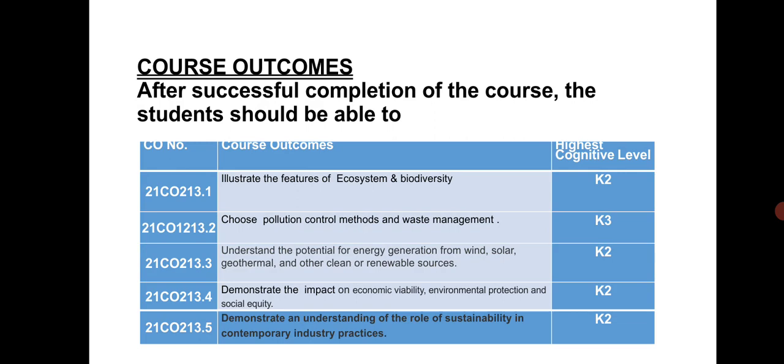They will understand the potential of energy generation from wind, solar, geothermal and other clean renewable sources. Studying the sustainability unit, they can explain the impact on economic viability, environmental protection and social equity. They can demonstrate an understanding of the role of sustainability in contemporary industrial practices.